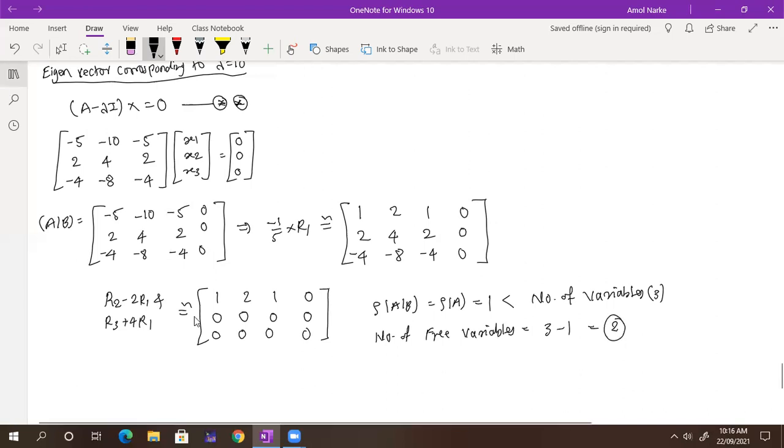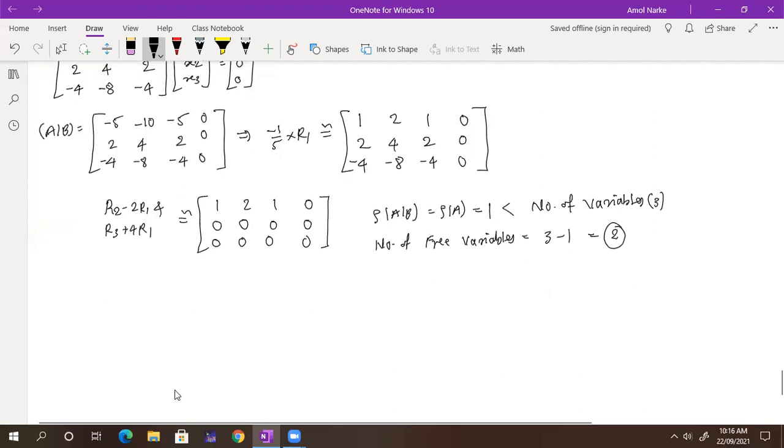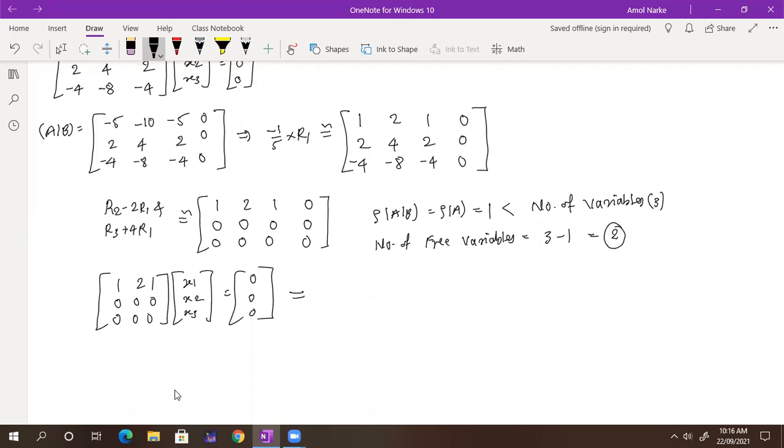So if I write down that equation in standard form, my A matrix becomes 1, 2, 1, 0, 0, 0, 0, 0, 0, with the corresponding vector x, which equals 0, 0, 0. This implies x1 plus 2x2 plus x3 is equal to 0.